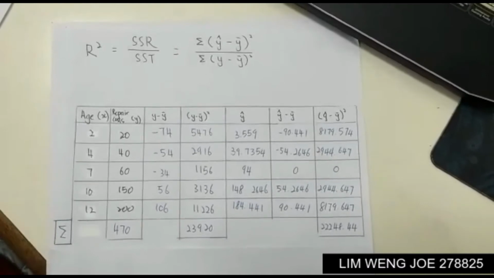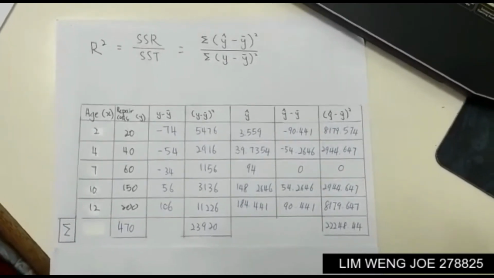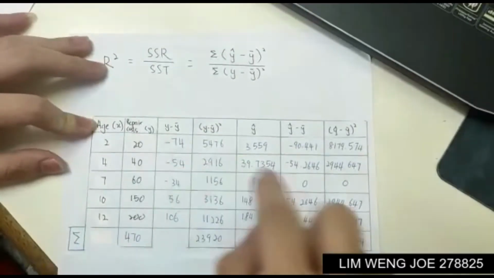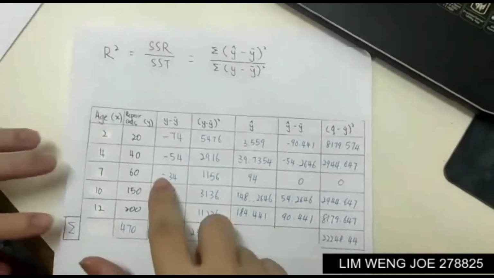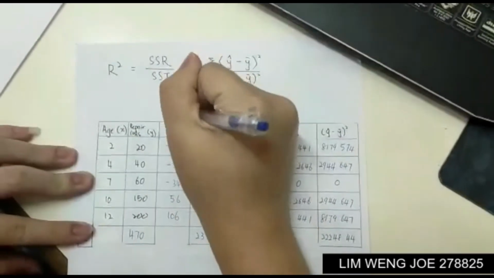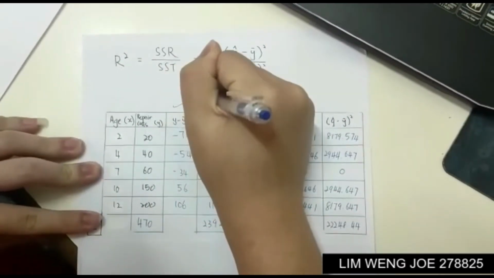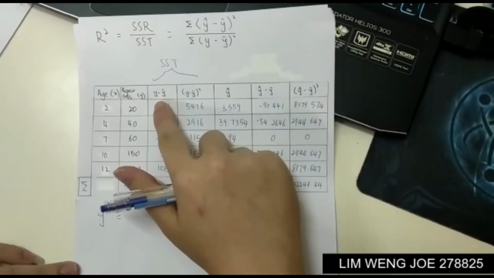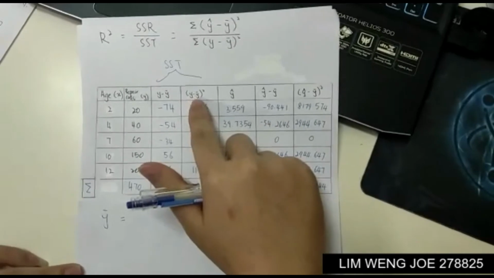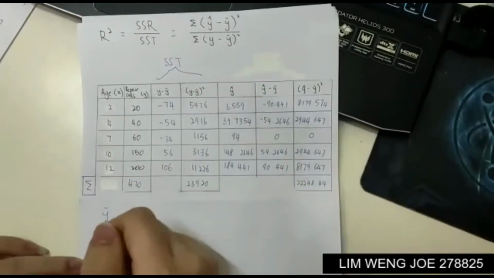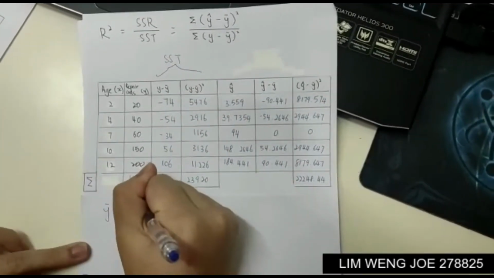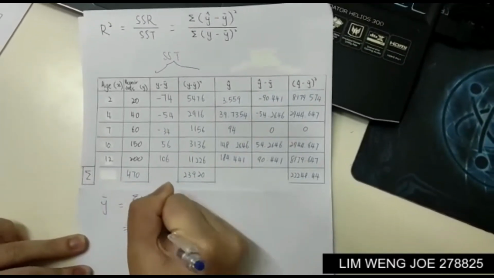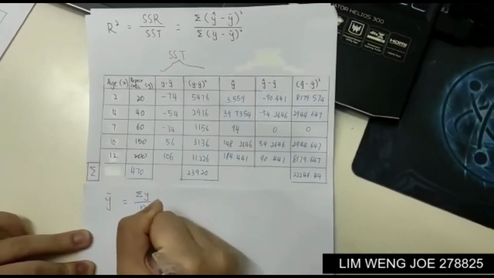To find R squared, we need to construct a table with age as variable x, repair cost as variable y, and the third and fourth columns to calculate SST, which are y minus y mean and (y minus y mean) squared. The y mean equals the total over n, that is 470 over 5, which gives 94.